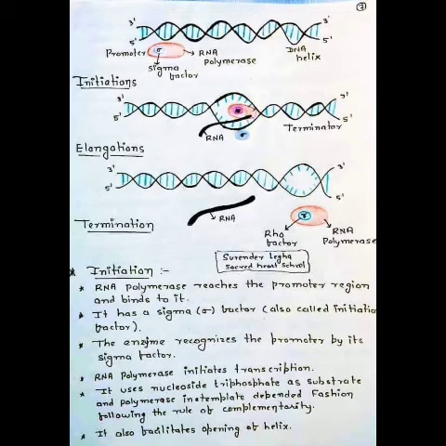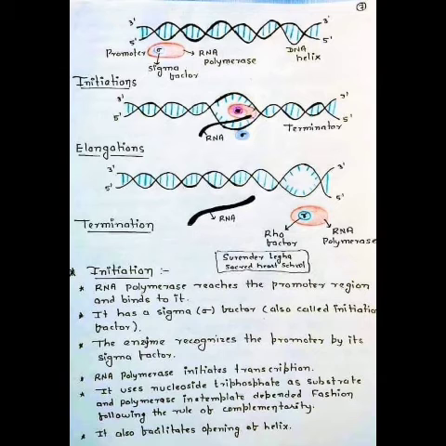The first step is the initiation step. In the first step, the RNA polymerase attaches to the DNA with the help of the sigma factor. This sigma factor recognizes the promoter region, right? Then RNA polymerase initiates the transcription after recognition of the promoter region.